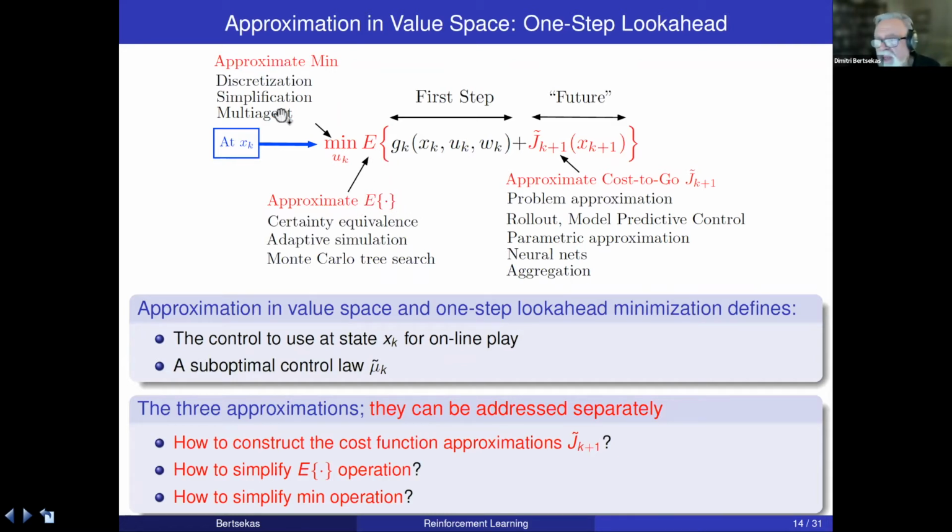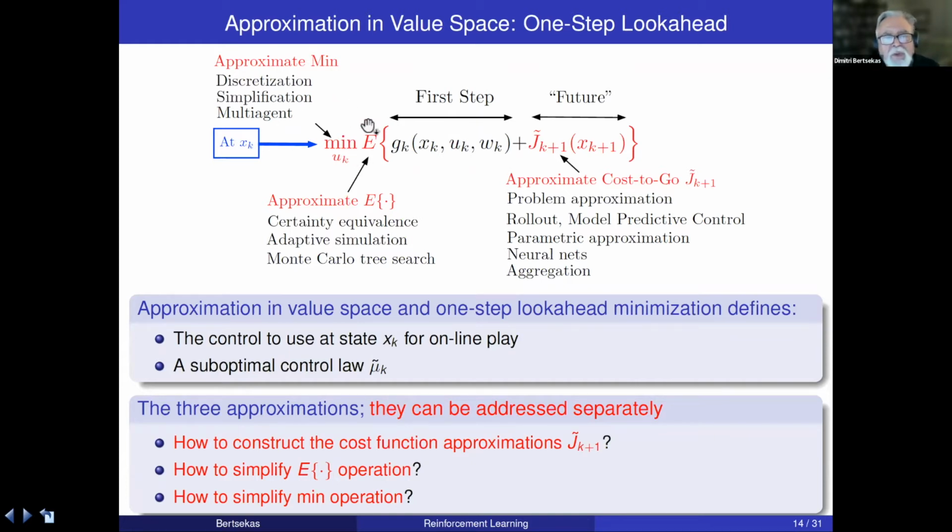Let's go to the third approximation here. To do this minimization may be difficult for a number of reasons. It may involve a continuous control space, and we may not have a good method for dealing with that. So one possibility is to discretize this control space and reduce it into a calculation that's finite rather than infinite.